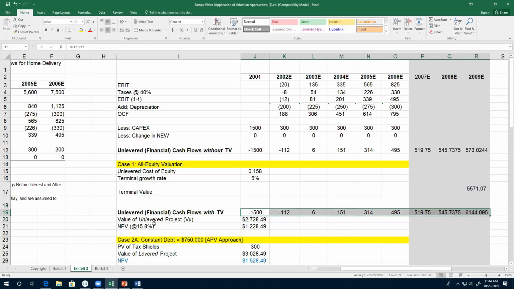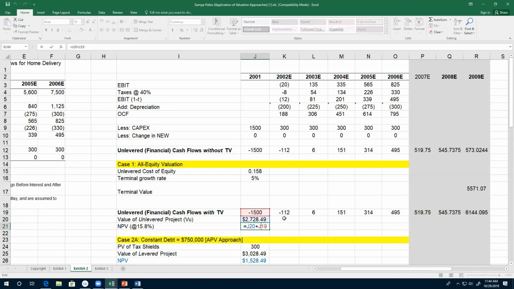And the value of the unlevered project, therefore, will be equal to, and this is just the value. Value is just what is the cash flows beyond year one. This is very important. This is again very similar to what I did in Tex-Mex. Value is based off of the financial cash flows here. Net present value is basically taking out the initial 1500. So the net present value comes out to 1228.49.